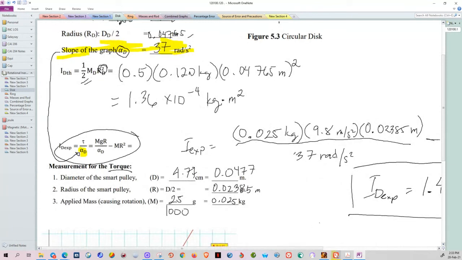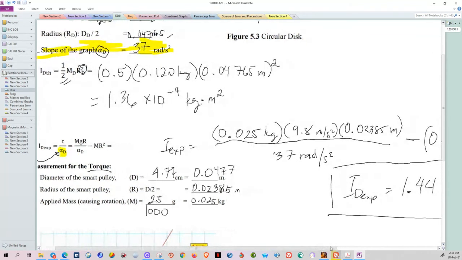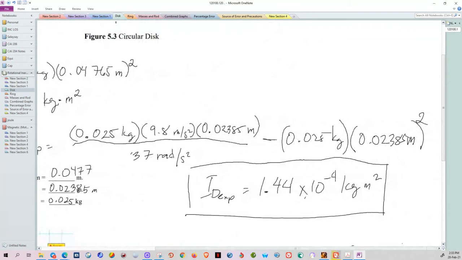Okay, why did you get 1.56? I wonder where you get 1.56. I have an idea. Why 1.56? Did you use 37? Did you use 0.02385? Did you use the exact numbers?